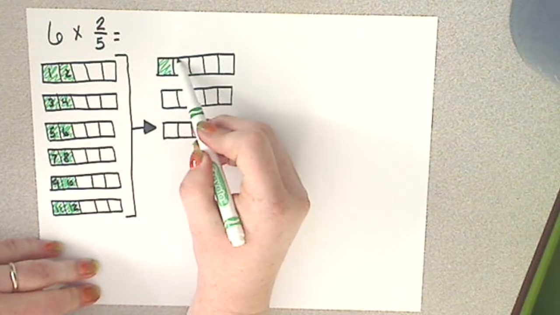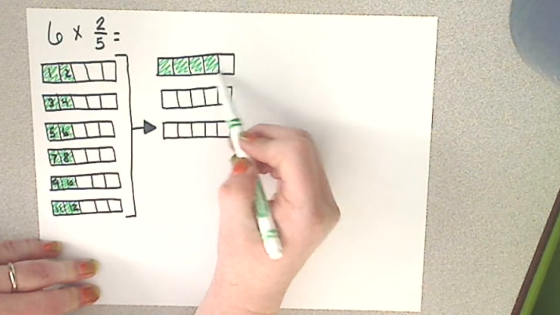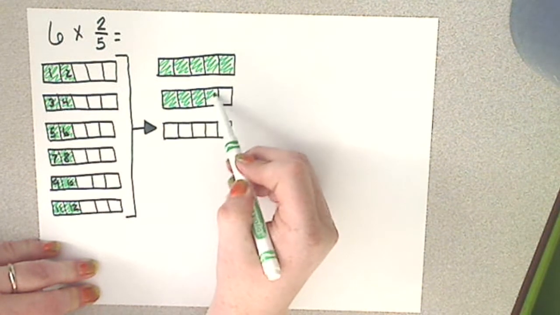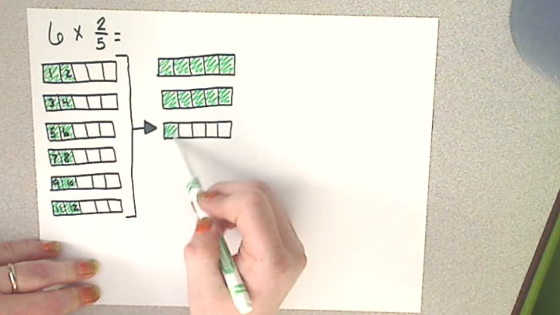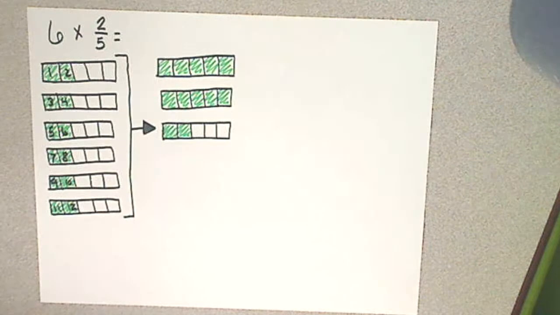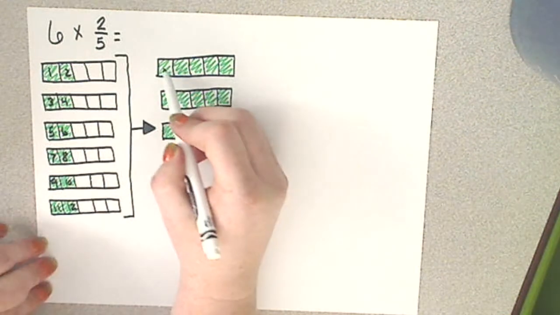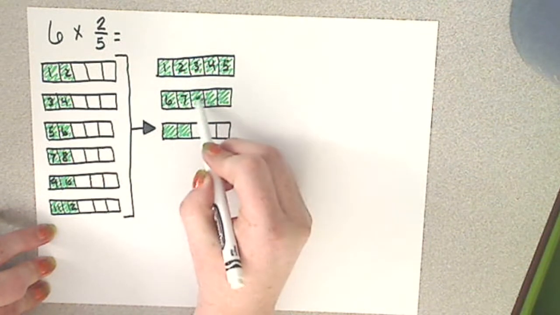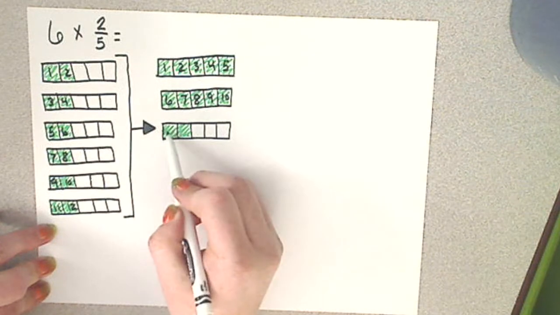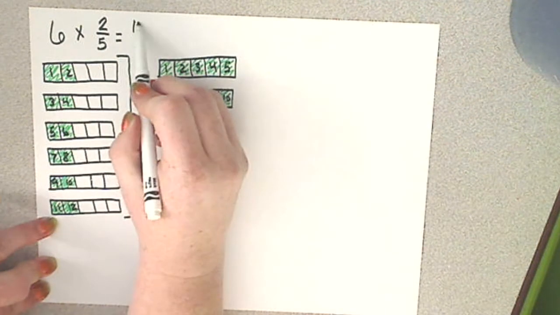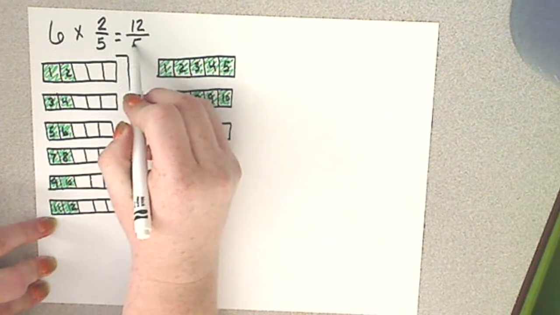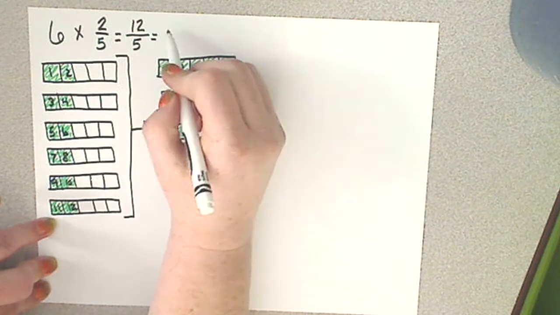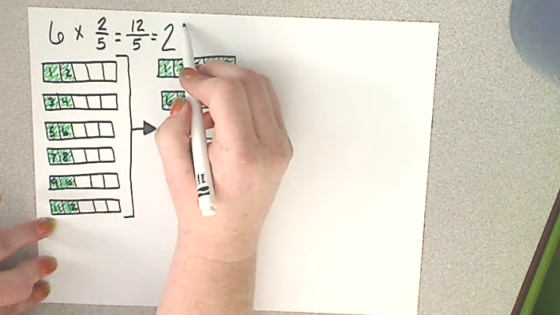I can even label them if it makes me feel better. 1 through 12. So I have 12 pieces shaded out of 5 pieces in each fraction strip. And looking at our model, we have 2 wholes completely filled, and 2/5.